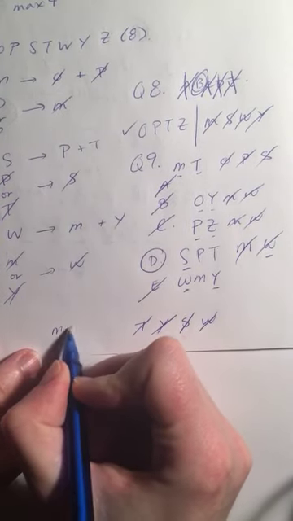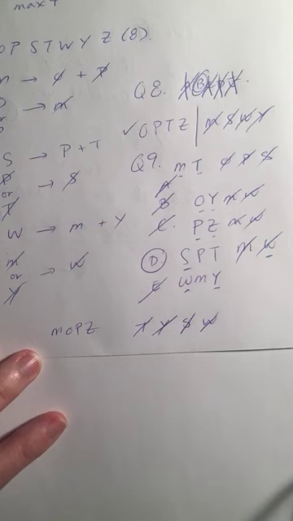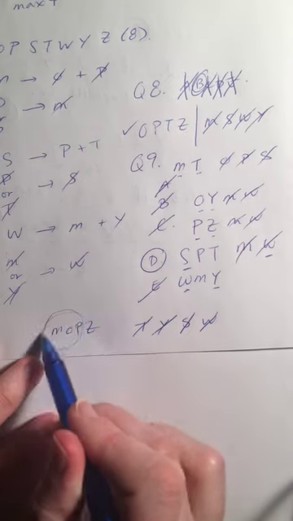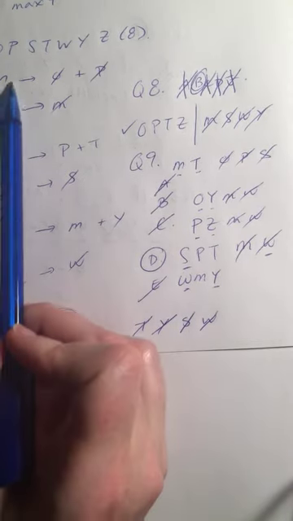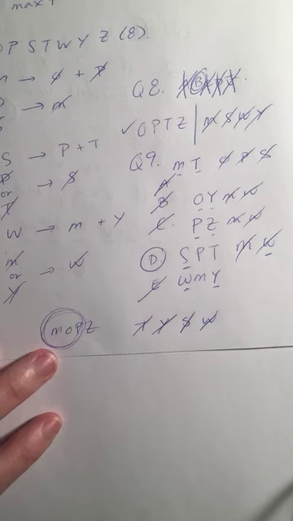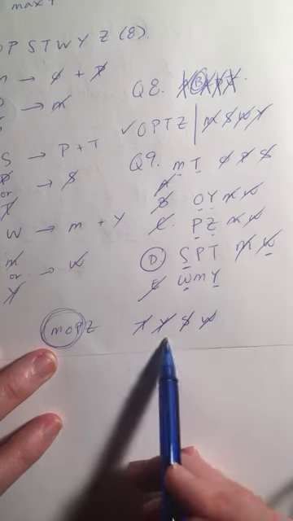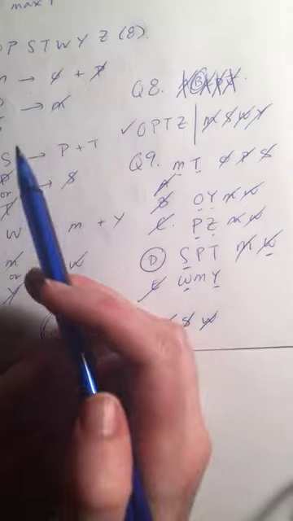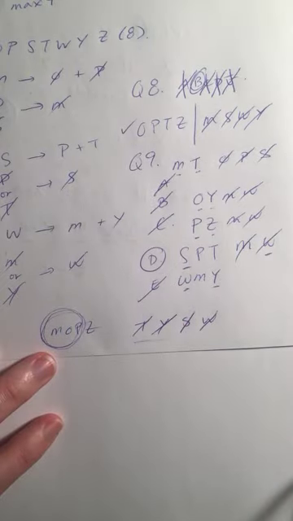So that's M, O, P, and Z. That's a problem, right? We can't put M, O, and P in. That's not going to work. So there we have it. T and Y can't both be out. That's going to result in us having to break Rule 1.